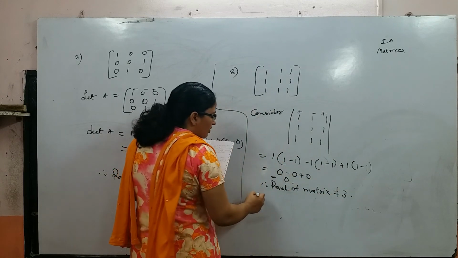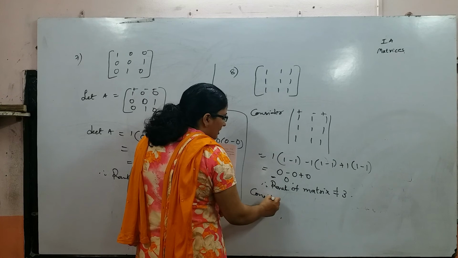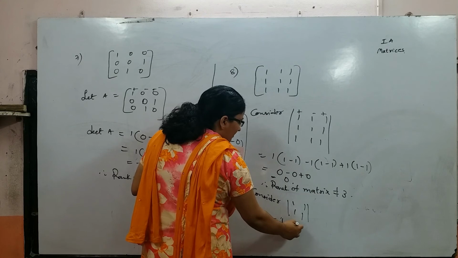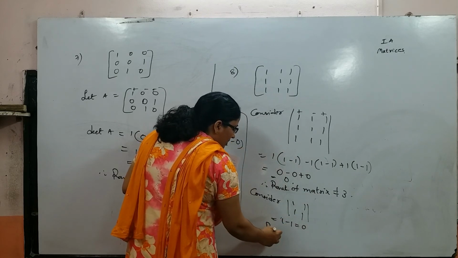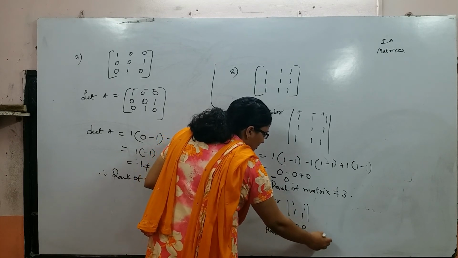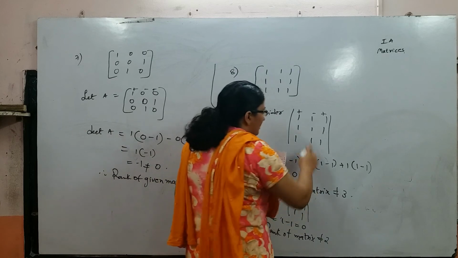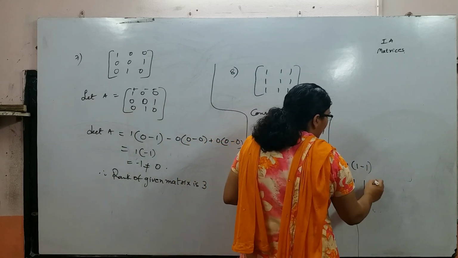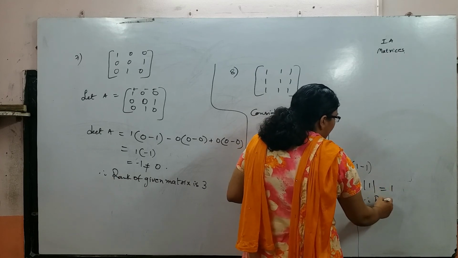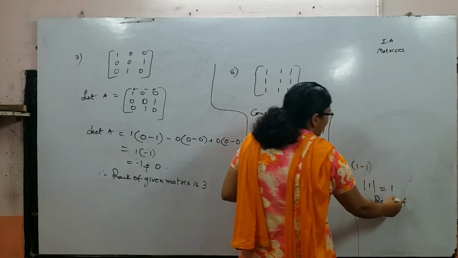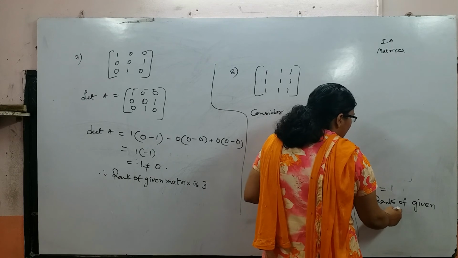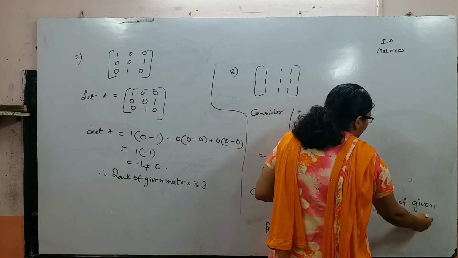Let us check for a 2 by 2 matrix. Consider the determinant of 1 1 1 1, that is equal to 1 minus 1, which is 0. Therefore, the rank of the matrix is not 2. Next we will go for a 1 by 1 matrix. Determinant of 1 is 1. Therefore, the rank of the given matrix is 1.